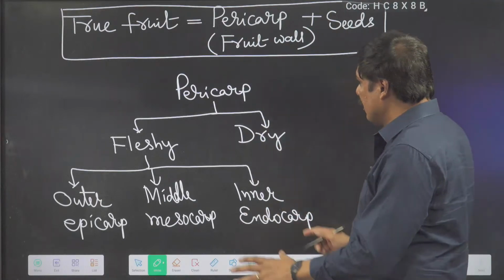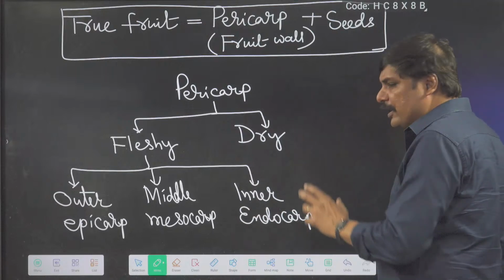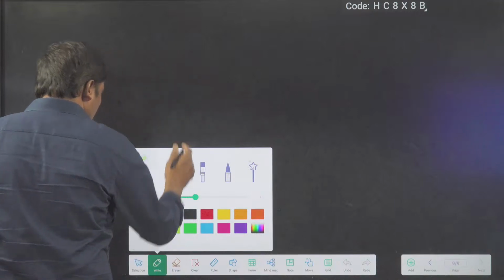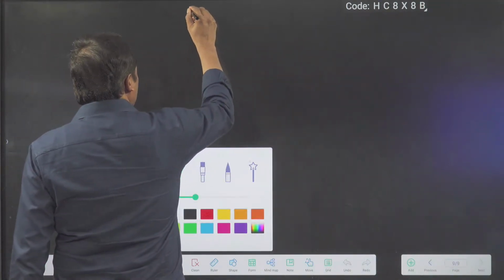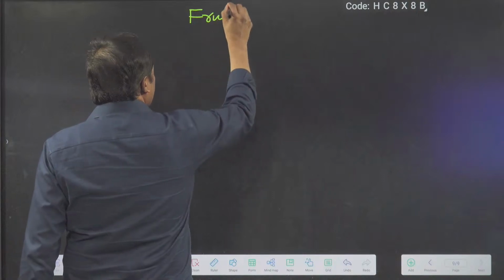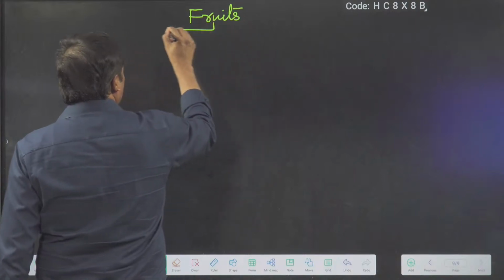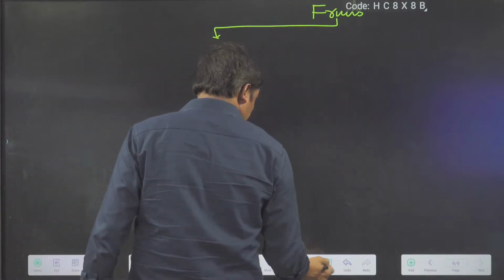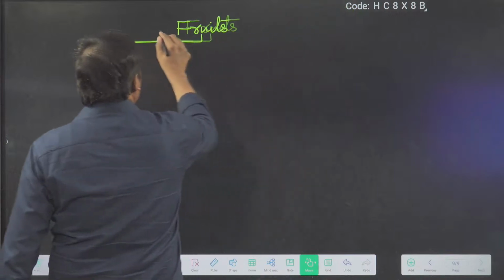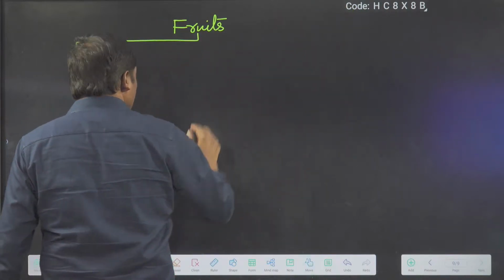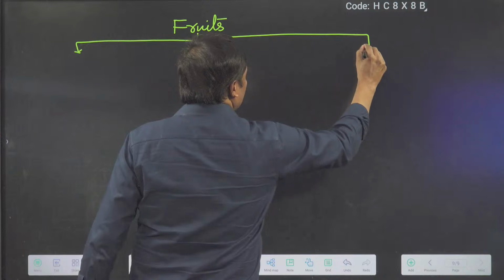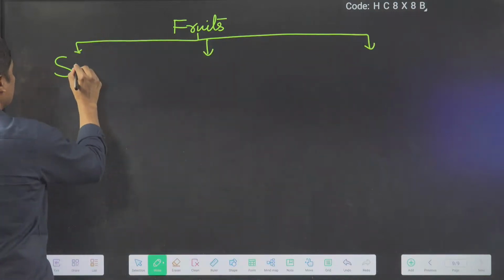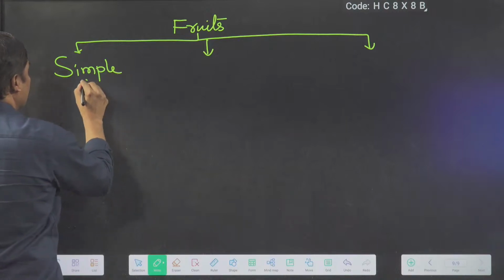Okay. Now let us see very brief account of true fruits. True fruits are classified into three types. Mainly three types. First, simple fruits.